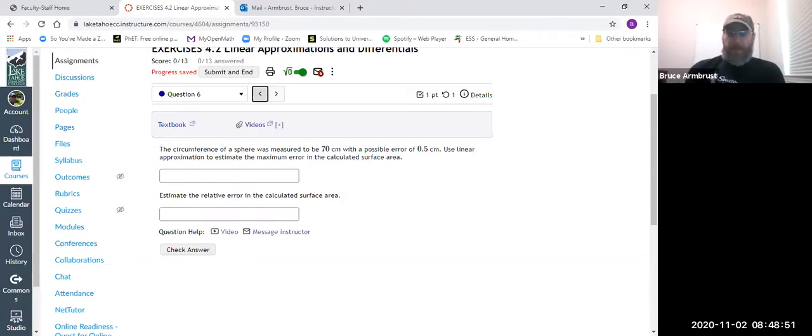So it says we have a circumference of a sphere measured to be 70 centimeters with a possible error of 0.5 centimeters. Okay, so we're plus or minus 0.5. Use linear approximation to estimate the maximum error in the calculated surface area.